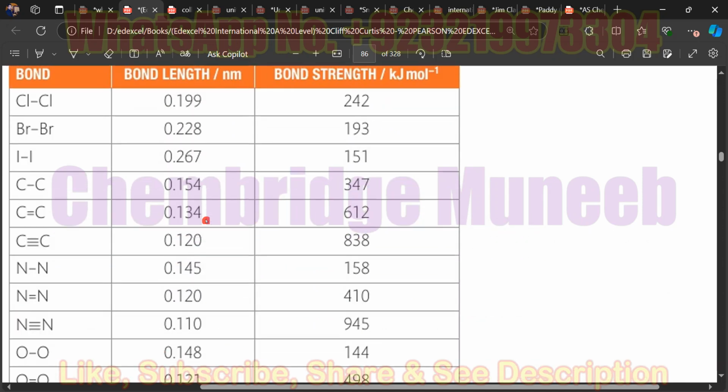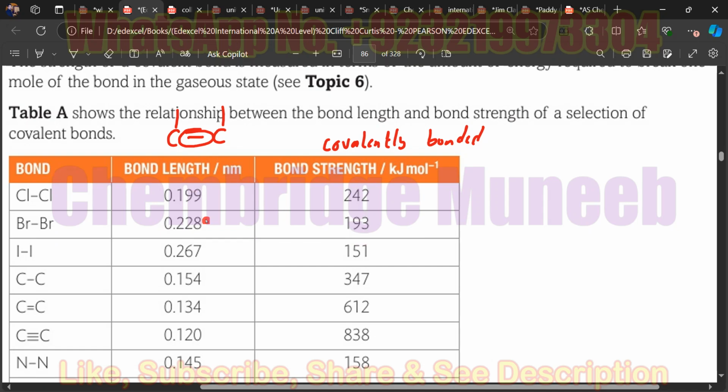However, you can expect some trends as well, that the bond length and the bond strength values vary. For example, if you consider these first three values, what do you see? The chlorine is changed to bromine and then iodine, which means you are moving down the group. Is it so?